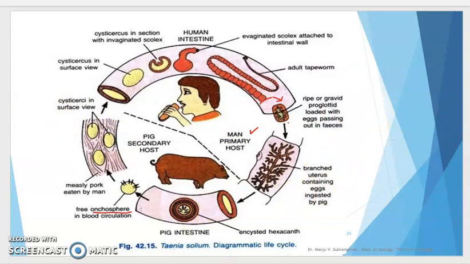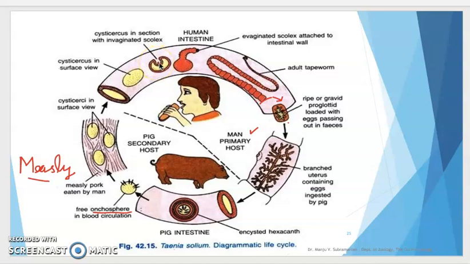Hope you have heard this in detail in your lower classes. It is called measly pork, M-E-A-S-L-Y, measly pork. This term is very important, so keep it in mind. This cysticercus soon secretes a cyst around it, its wall gets thickened, and one side of it undergoes an invagination, as you can see here.